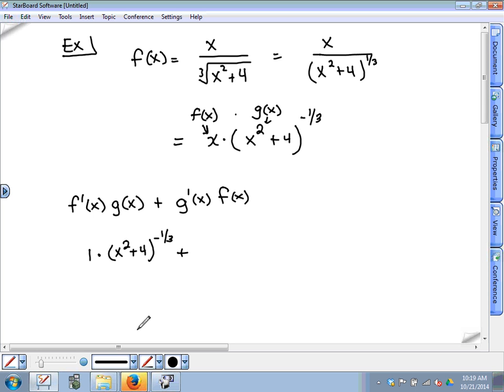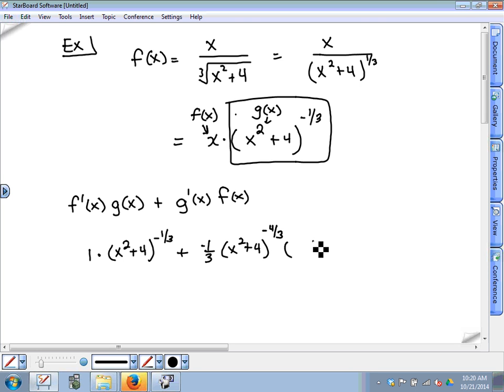Now, take a close look at the g function. This g function isn't just one function. It's an outer function and an inner function. So the derivative of this g is going to use what? The chain rule. So what's the derivative of just this function right here? It's negative 1/3 times x squared plus 4. Well, no, we have to decrease the power, right?